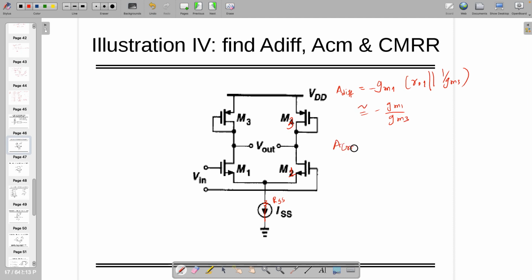What about the common mode gain? R0 1 by 2 into 2GM1 into RSS in parallel with 1 by GM3, divided by RSS plus 1 by 2GM, so 1 by 2 GM3.